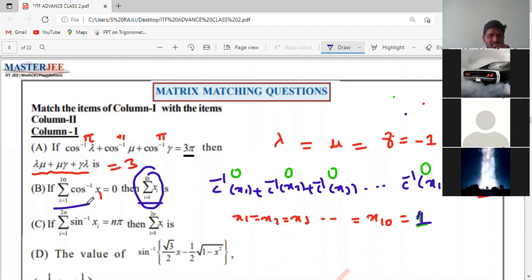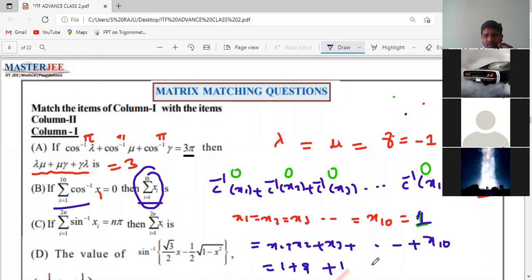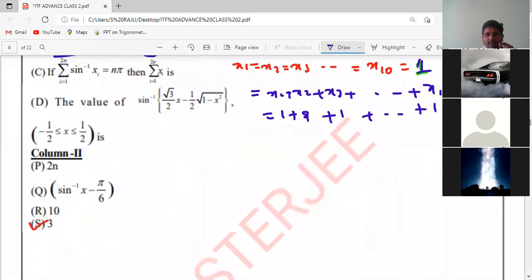With the help of the first summation, you have to find the x1, x2, x3, x4, x5 up to x10 values. Then in the second summation, you have to substitute. If I expand here, x1 plus x2 plus x3 plus so on plus x10. x1 is 1, x2 is 1, x3 is 1, and so on, x10 is also 1.